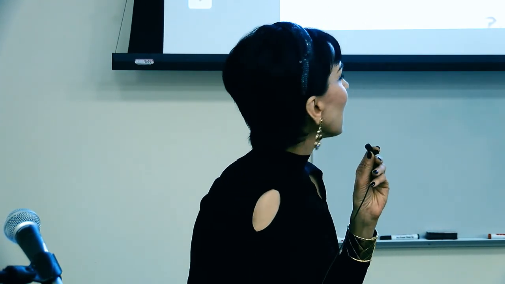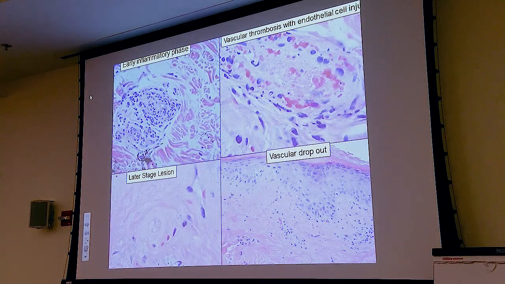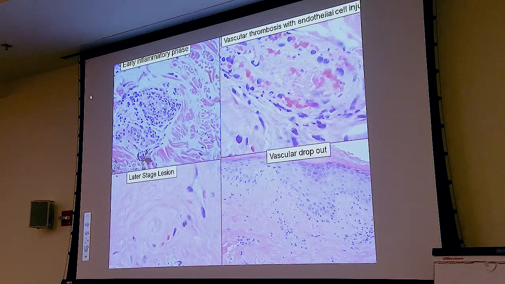So what does one see from a light microscopic perspective when we do skin biopsies? Well, the incipient lesion is really an active endotheliolitis, and oftentimes it is accompanied by a significant and robust lymphocytic infiltrate. And then, of course, with endothelial cell injury, when we expose type 4 collagen in the blood vessel, we activate the clotting pathway and get vascular thrombosis.